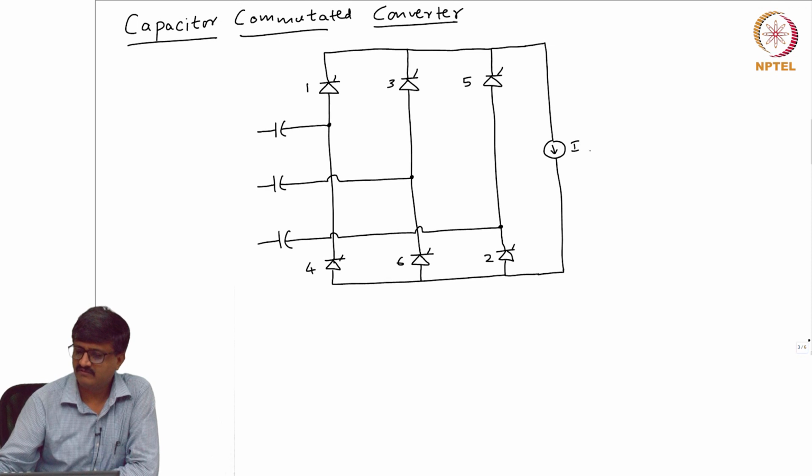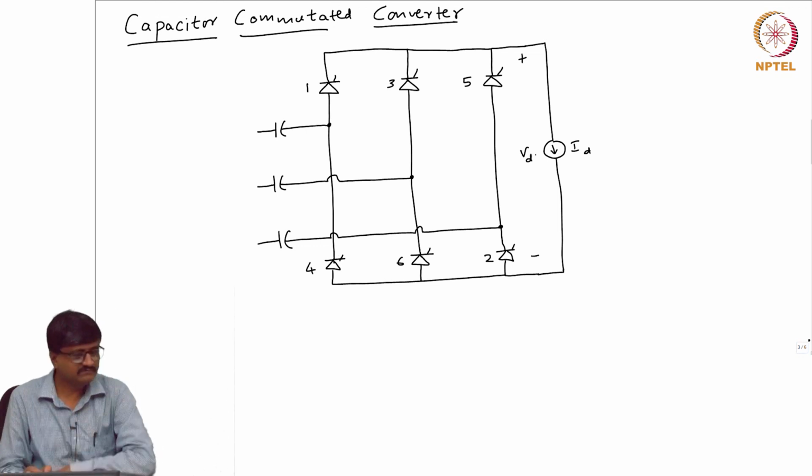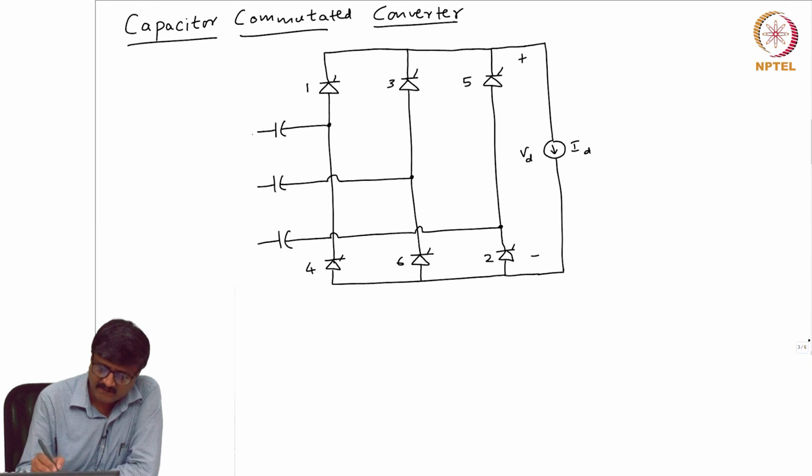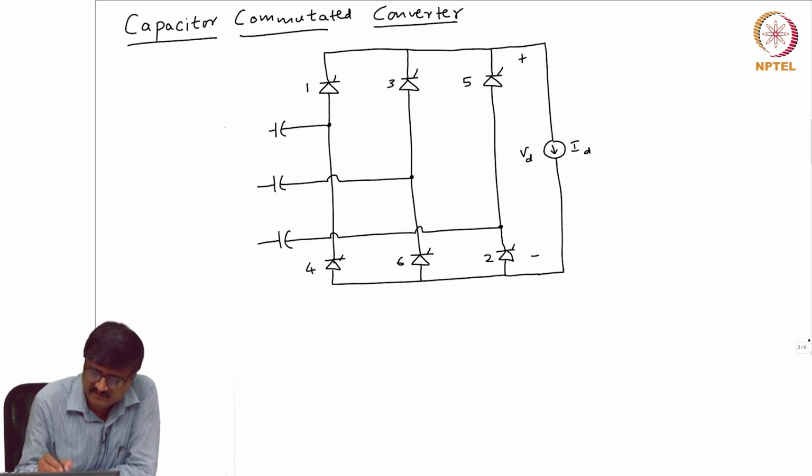So, I have a constant current ID on the DC side, and the instantaneous voltage on the DC side is Vd. And the AC side is represented by a 3-phase balanced sinusoidal voltage source.